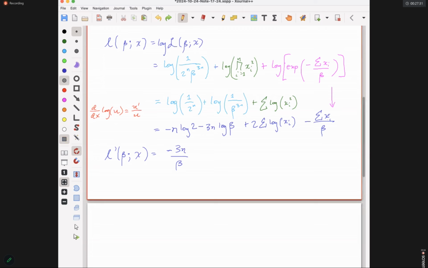Well, we can write this as negative sum of x, beta to the negative 1. And so using the power rule here, we multiply by negative 1, reduce that negative 1 to a negative 2. And so this will be plus the sum of the xi's divided by beta squared. Does this make sense?